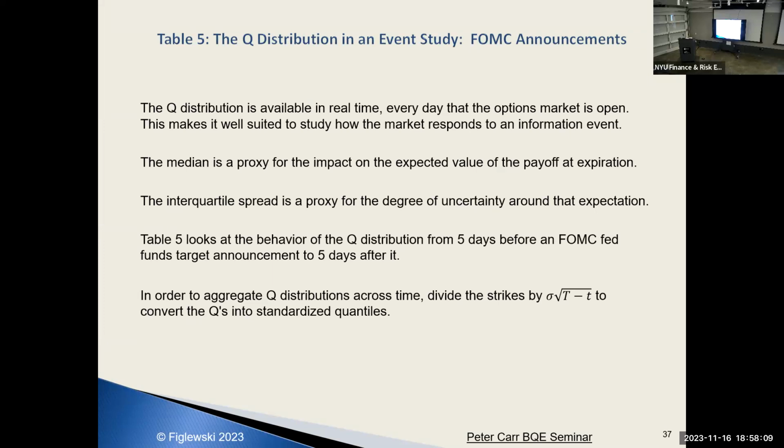Okay, last thing I want to show you in the last 2 minutes: one of the great things about this is that it's available all the time. You can see what happens as a piece of information hits the market. If you've watched this happening, as I have the last couple of years, the Federal Reserve announcement number comes out at 2 p.m., and the market responds instantaneously.